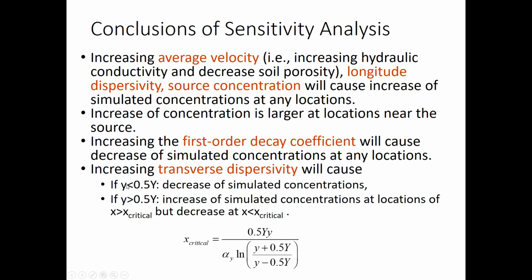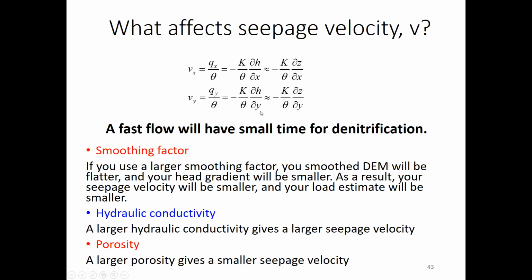So for the location near the center line, the concentration will decrease if you increase your transverse dispersivity, right? But for the location far away from the source center line, if you increase your transverse dispersivity, you're going to have an increased simulated concentration because things spread out more to the edge of the plume, right?